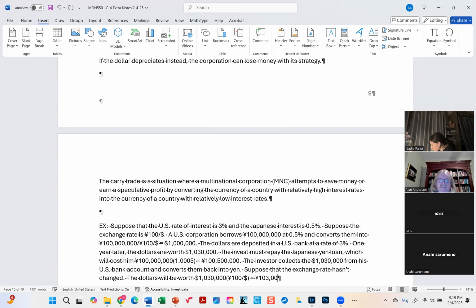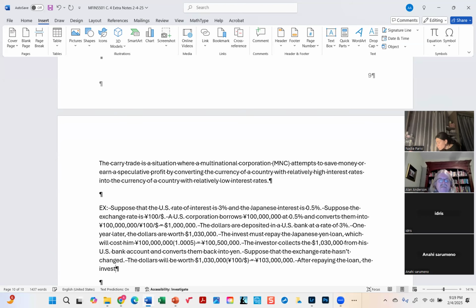Okay. After repaying the loan, the investor has 103 million yen, and then we subtract out the repayment of the loan.